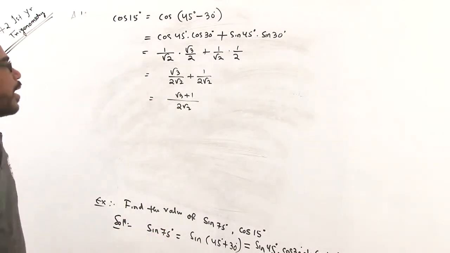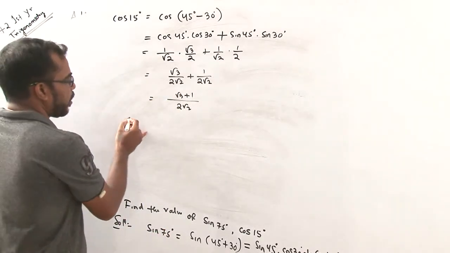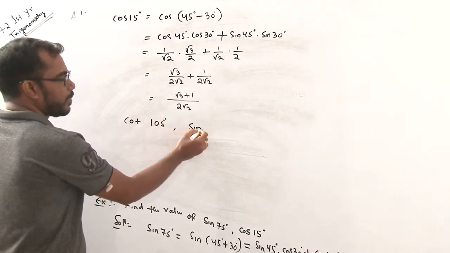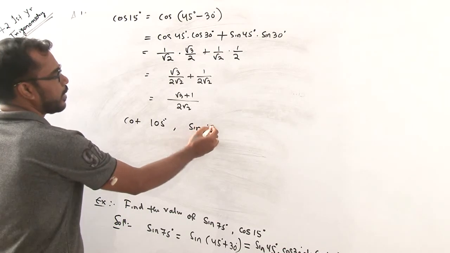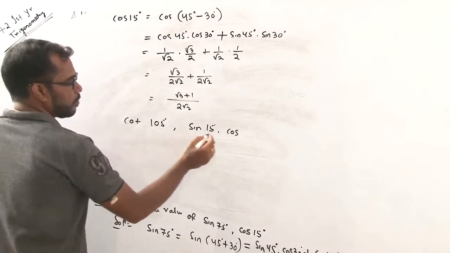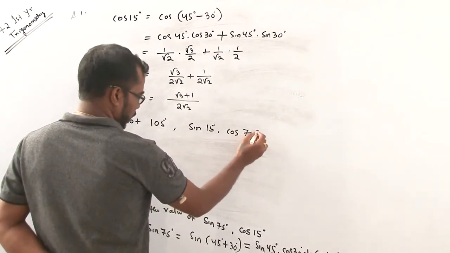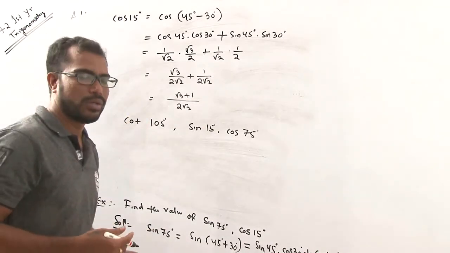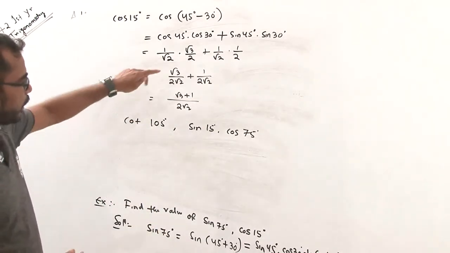Similarly, we can evaluate cot 105 degree, sin 15 degree, cos 75 degree.